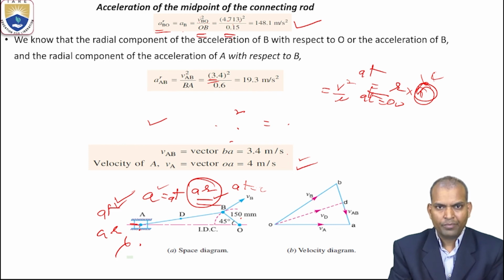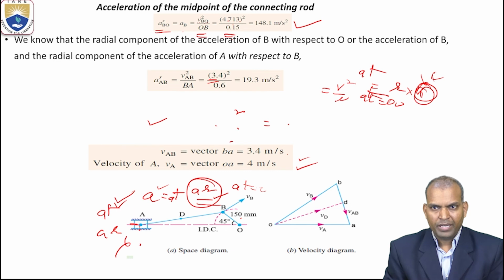And we solved one problem to find the acceleration components of various links by taking the example of a slider crank mechanism, which included how to draw the velocity diagram and the acceleration diagram. If you understand thoroughly by watching this session a number of times, you can solve any type of problem which may occur during the examination.